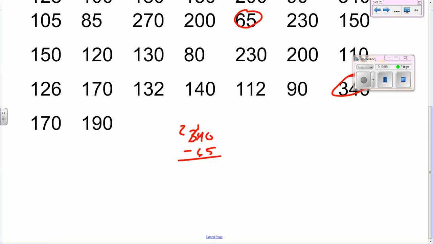You're definitely going to want to use calculators for this, just because of the mass quantity of numbers that we're going to be doing. So that's 275. So that's your range.